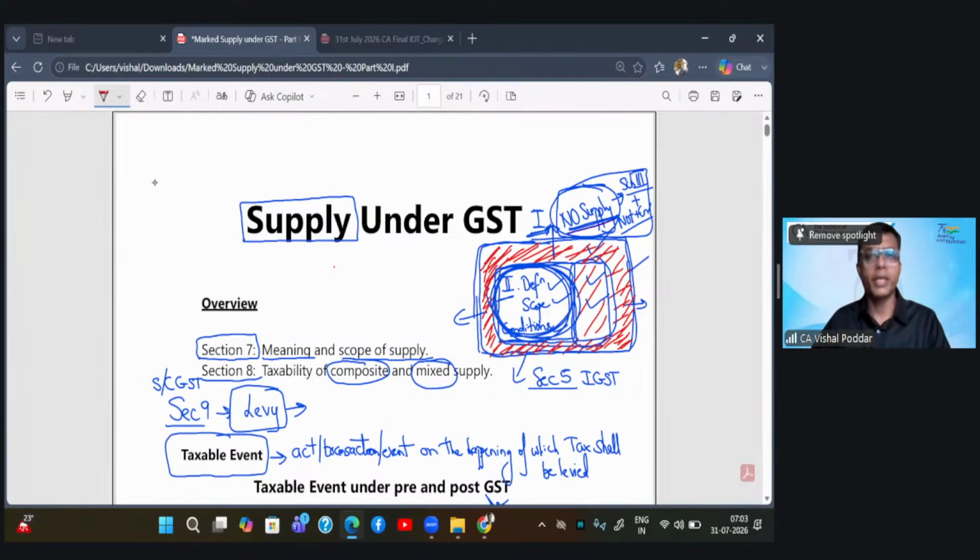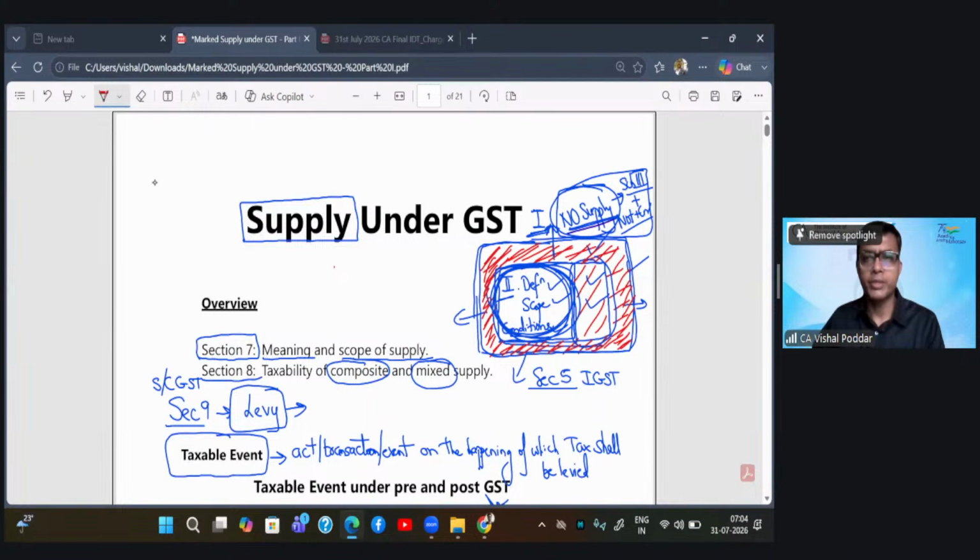Out of this inner box, step 2 is to apply the definition of supply, which is given in section 7(1), read with all its clauses, clause A, clause AA, clause B, C, and then finding out what finally will be treated as supply.